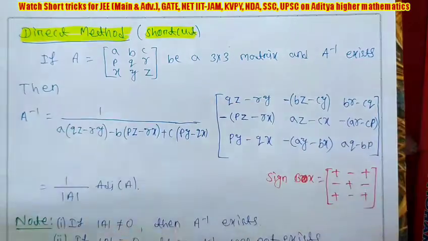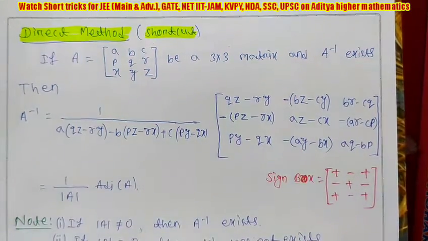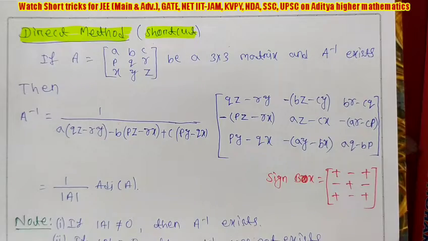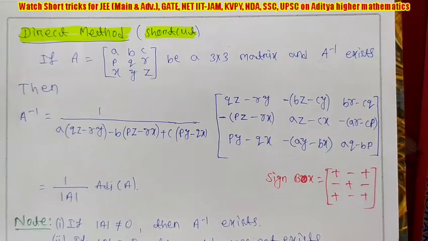And what is the positive of this shortcut method? If options are not given, then you can apply this. But the option elimination method is only useful when options are given, because we are just verifying whether we are getting the identity matrix or not.